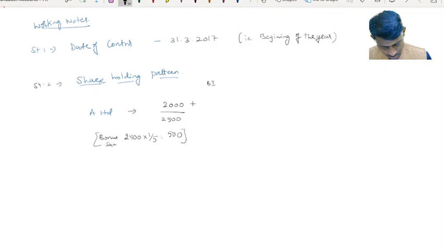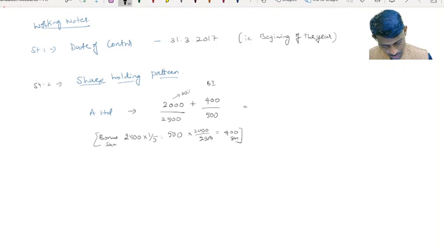Out of the bonus, whatever the holding company share is, you get 80%. Either you can apply 80% directly, or 2000 divided by 2500 shares, you will get 400 shares. So 400 out of 500.